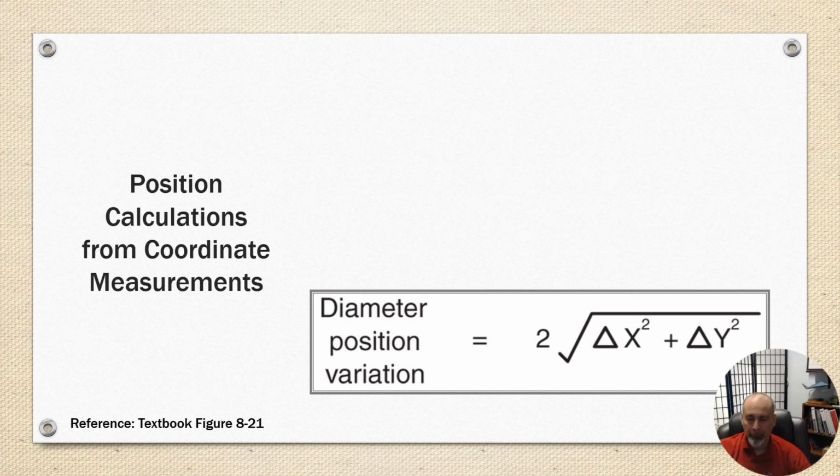Now, those who have taken some of the machine shop classes with me in ADVM 67, we calculate position. I used the same formula, but I used a different method to compare the tolerance. So you were taught to do this formula and multiply by 2, and then we divided the actual tolerance number in half.